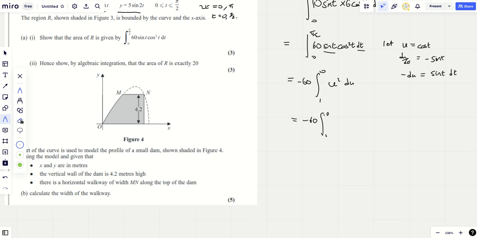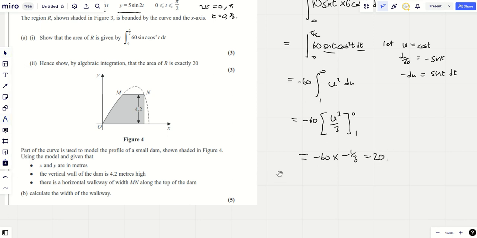I can integrate it now. That integrates to u cubed over 3, which is what I was saying before. You could just directly integrate this to minus cos cubed t over 3 with a 60 outside as well. That's perfectly valid. When you plug in the 0, you get 0, and you plug in the 1, you get minus a third, and so you get minus 60 times minus a third, which is 20.